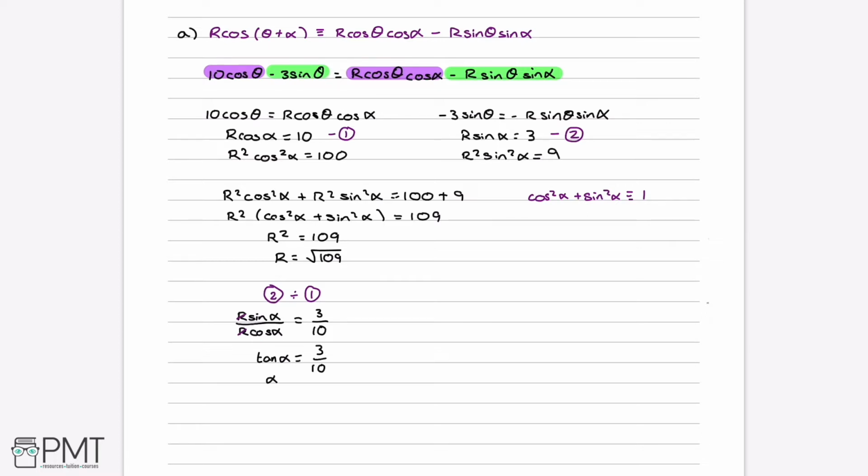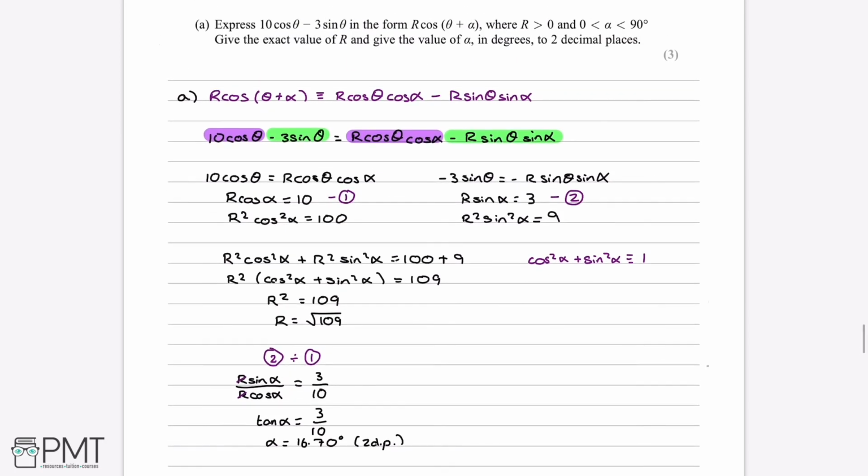And therefore, if we do the inverse tan of 3/10 in our calculator, we get that alpha is equal to 16.70 degrees to 2 decimal places. So now we have everything we need to write our answer in the form that the question wanted, r cos(theta plus alpha).